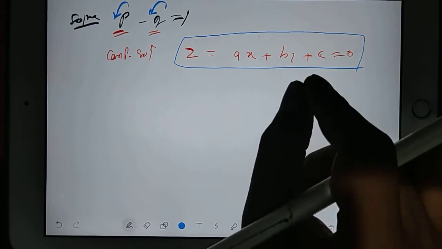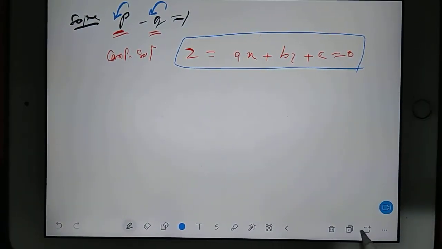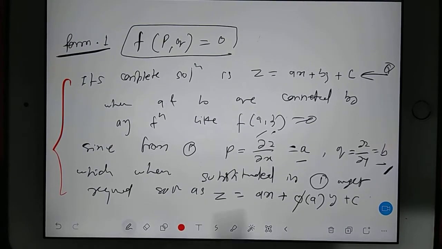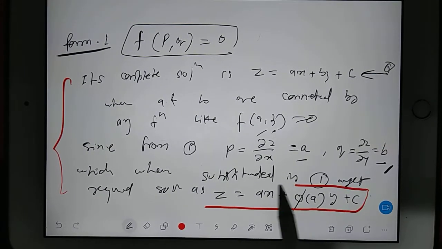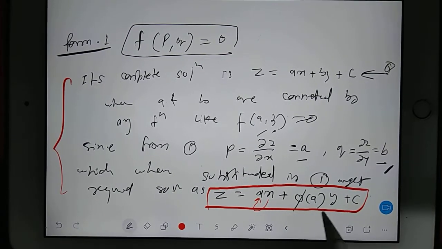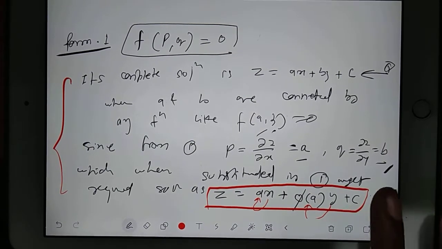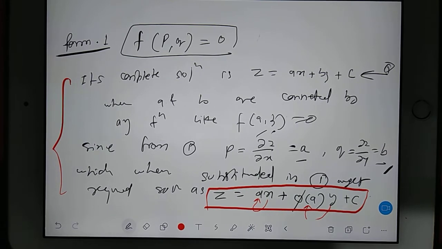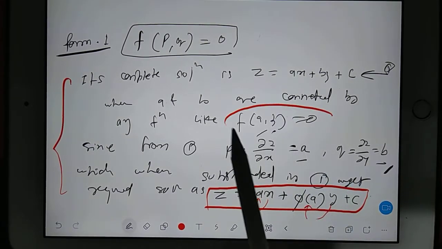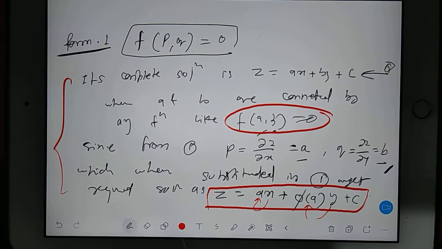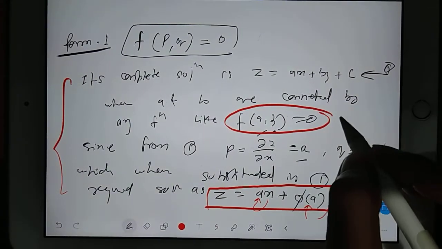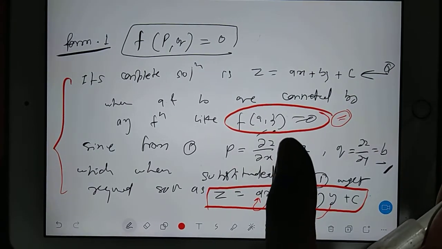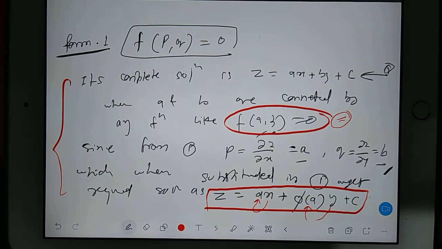One more thing you have to look at on the previous page: in this part, a is with x, but with y you don't have a, you have a function of a. And one more thing, a and b are connected by a function like this. So we also have to connect a and b with a function. How will you connect them as a function? There is one small trick, and that's all, almost the job is over. I will change the page.